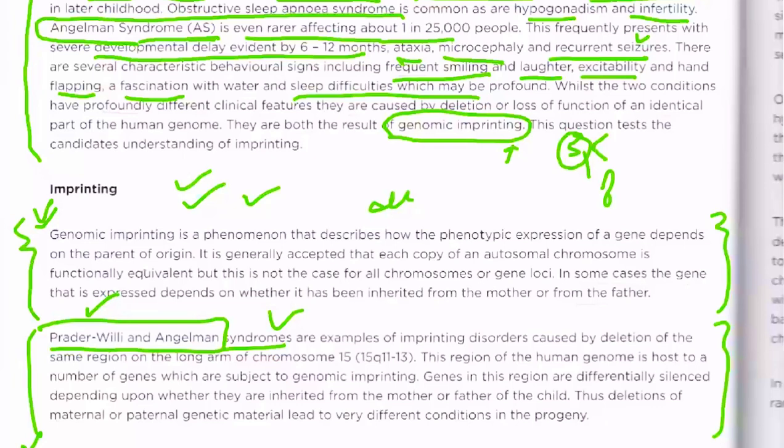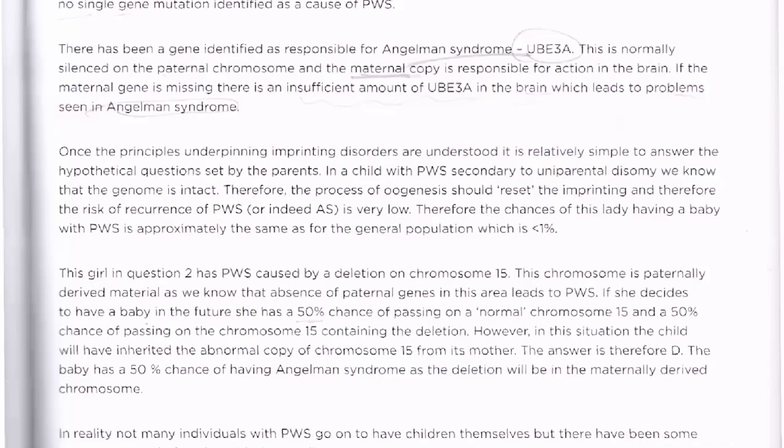But in Angelman syndrome, there is a gene we must know for your exam, the UBE3A gene, which is defective in Angelman syndrome. And it leads to all the phenotypic abnormalities which we may get here.